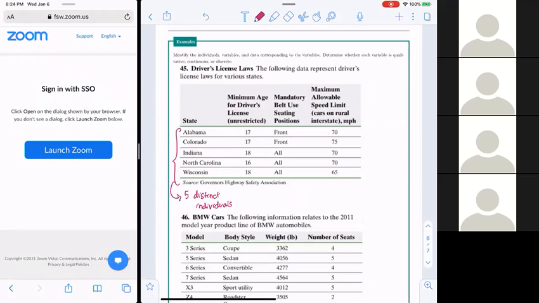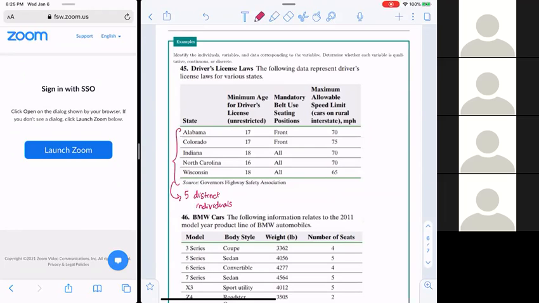And what would the variables be? The first one is the minimum age for driver's license, unrestricted. So we are classifying it as 17, 18, 16, 18. We're not using any decimal values, which is why we say unrestricted.